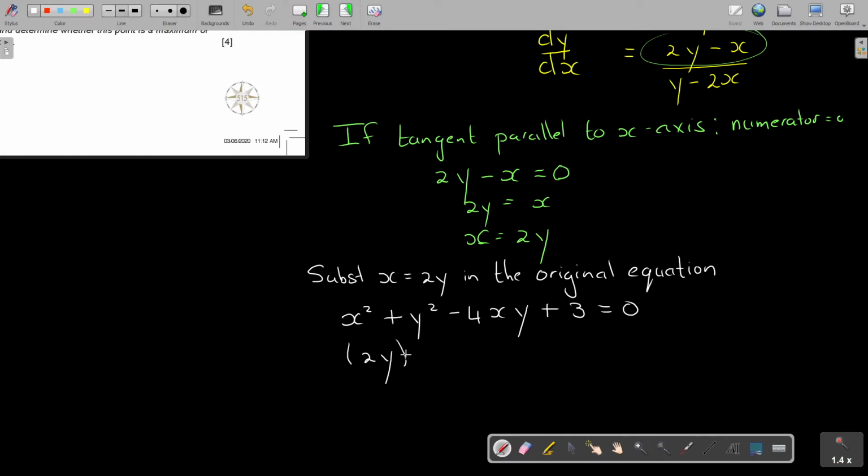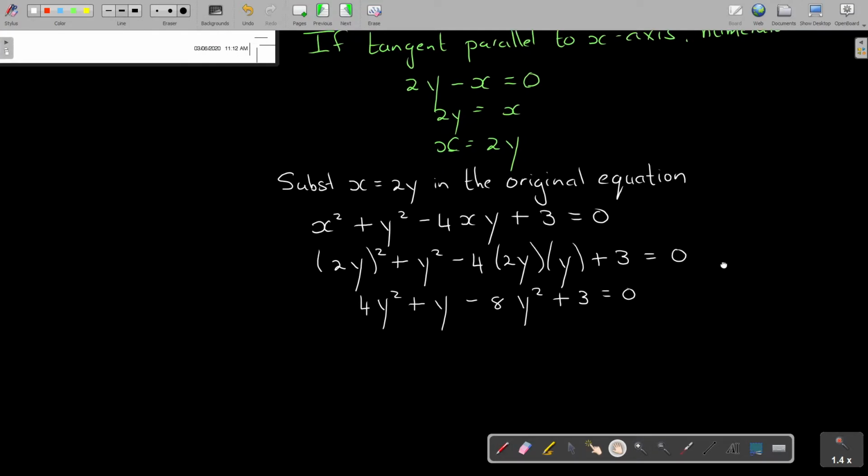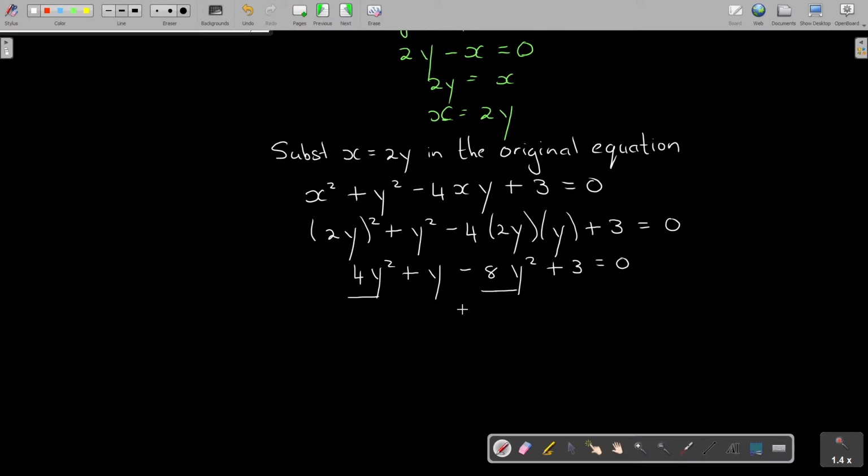So 2y squared plus y squared minus 4 times 2y plus 3 equals 0. So that's 4y squared plus y squared minus 8y plus 3 equals 0. Okay. So if I simplify this, I forgot that square, there must be another square.